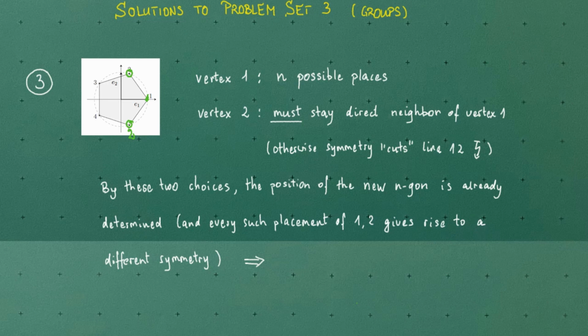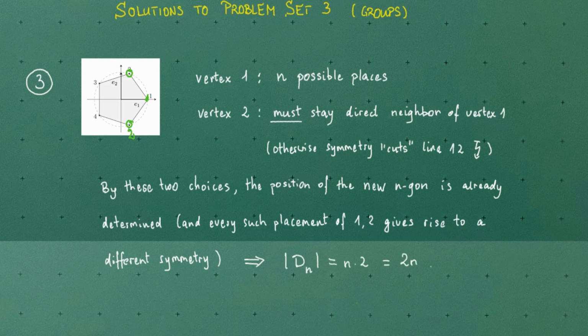You can convince yourself, like in this case, that you will actually find 10 different symmetries by choosing here 5 possible places and then putting vertex 2 as a direct neighbor to vertex 1. Please try it, and you will find that those are 10 different symmetries of the 5-gon or pentagon, and there can be no more, as explained here.